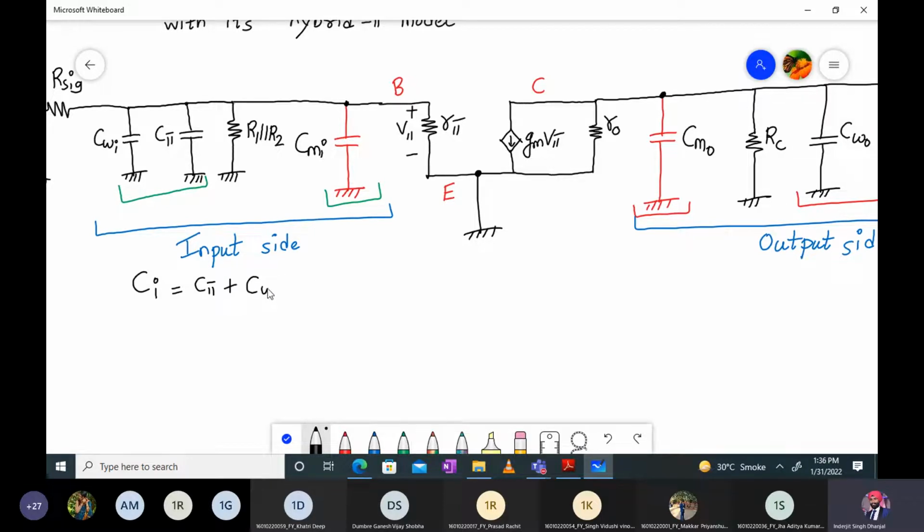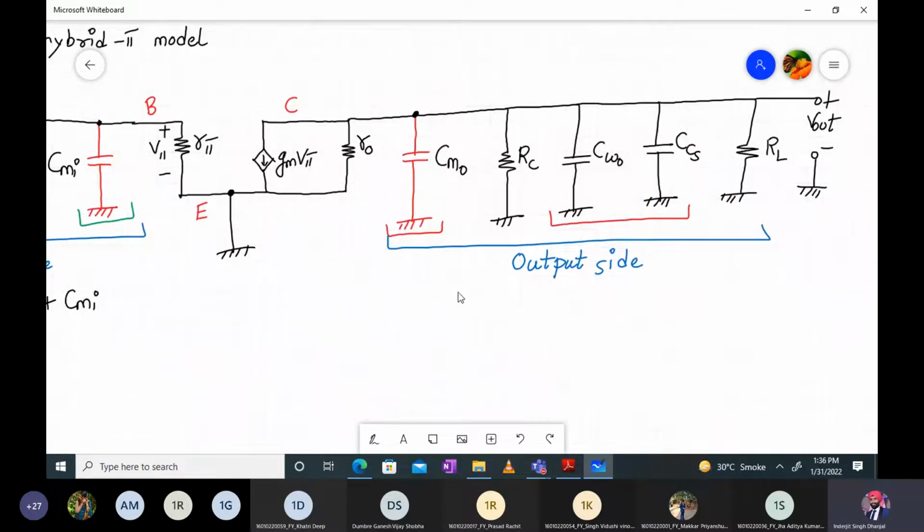I hope you all are aware of that. Similarly, on the output side, what can I write? I can write CO, the output parasitic capacitance, will be CWO plus CMO plus CCS.